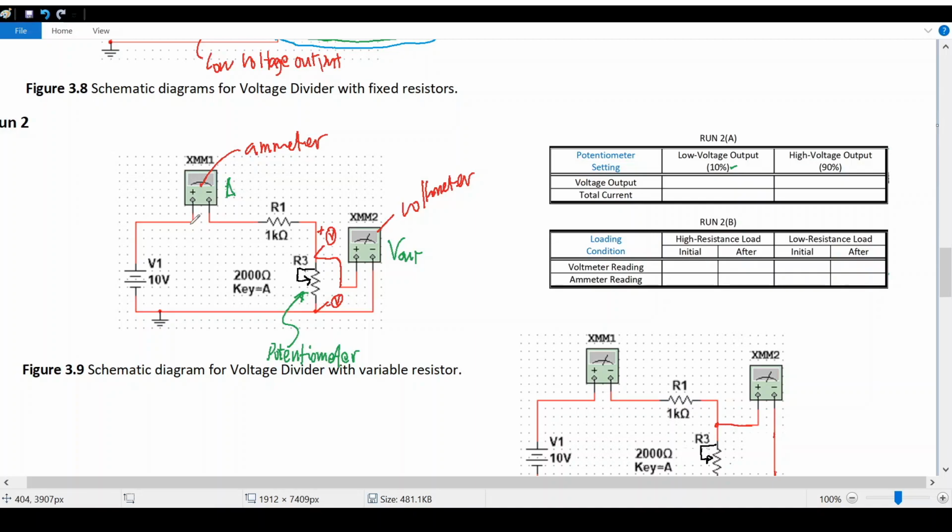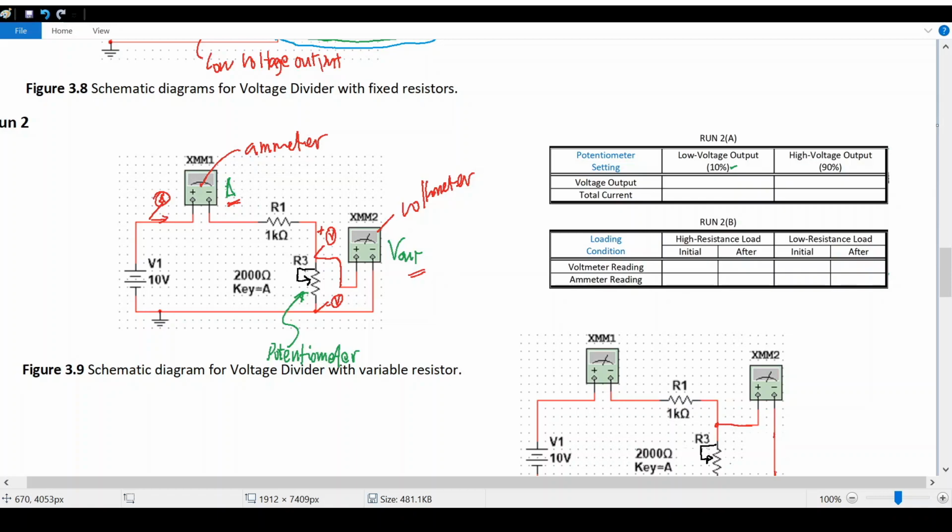While for an ammeter, you will simply link a clamp meter to measure the current in the circuit. So the ammeter will read the current, and the voltmeter will read the voltage output across the potentiometer.